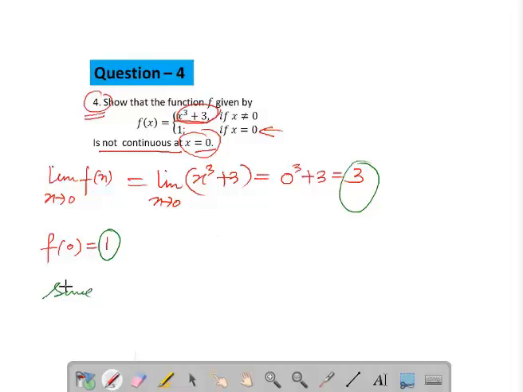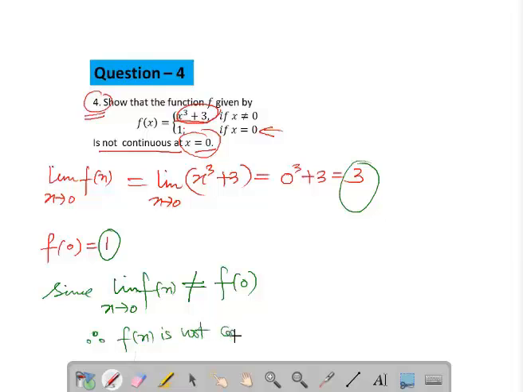Since the limit of the function when x is approaching very close to 0 is not equal to f of 0, therefore we can say f of x is not continuous at x equals 0.